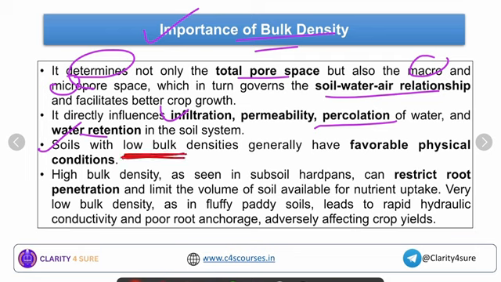Lower bulk densities are generally favorable physical conditions, and higher bulk densities are seen in soil hard pans, which restrict root penetration and limit the volume of soil available for nutrient uptake. So we want a lower bulk density.